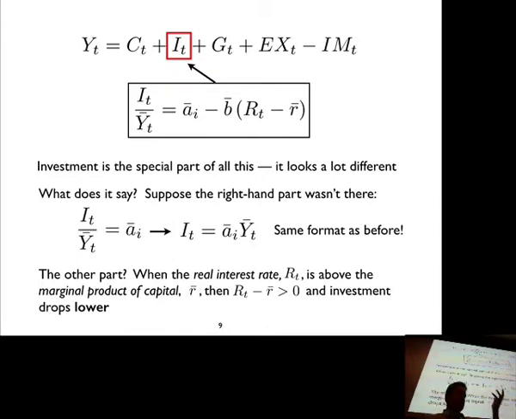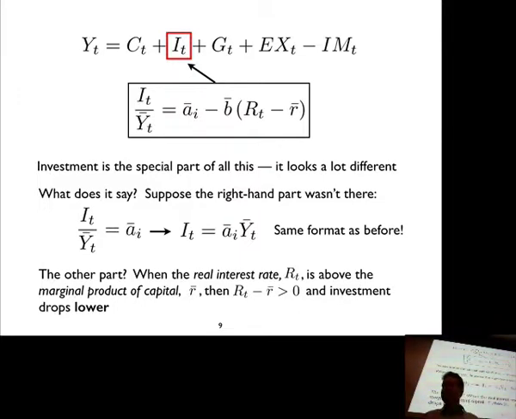So if the interest rate you're paying back the bank, uppercase R, is really, really high, it's probably not that great of a deal to borrow from the bank to begin with, and then invest in capital, earn the marginal product of capital, and then you've got to pay back the bank. We're making the assumption here that investment doesn't go to zero when uppercase R, the interest rate, is above the marginal product of capital.